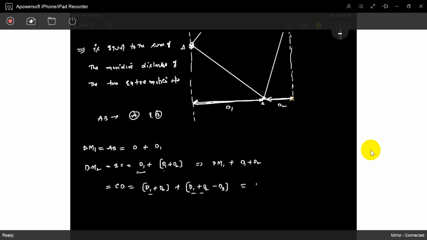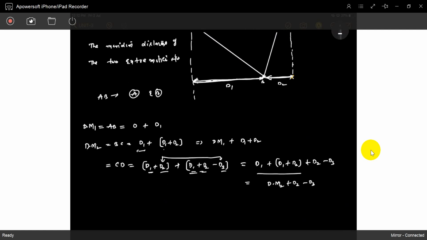See, it is D1 plus D2 and D2 minus D3. You can write it now. D1, D2, D3. Write it. If you see, this is DM2 plus D2 minus D3. Understood? Same thing. This is DM3.